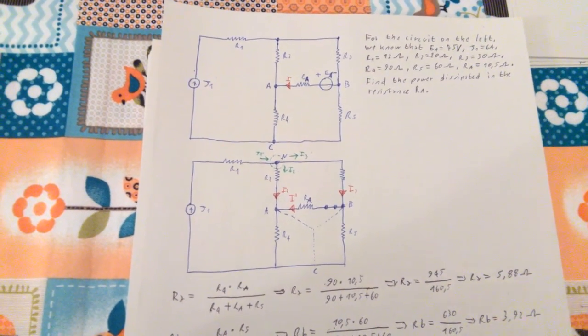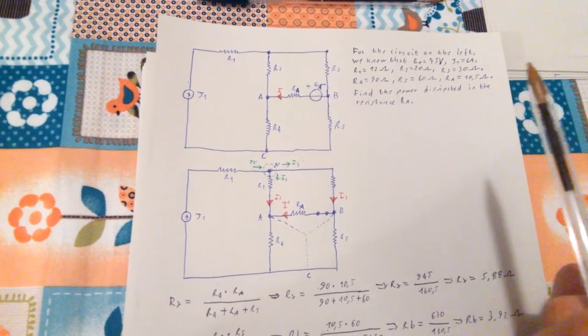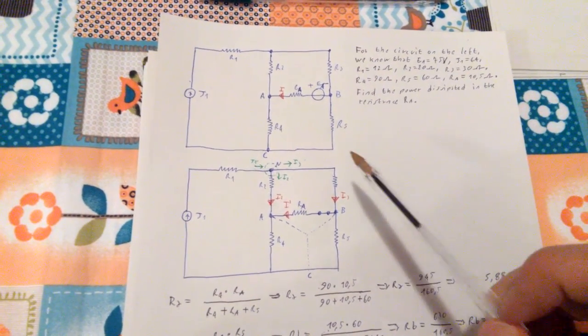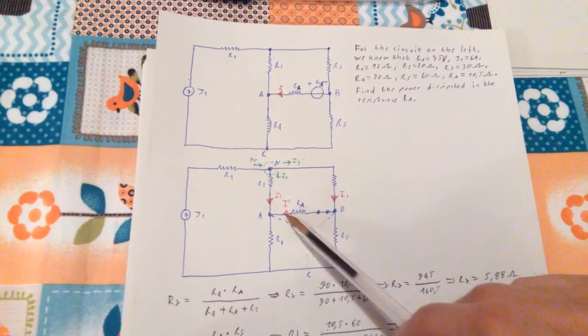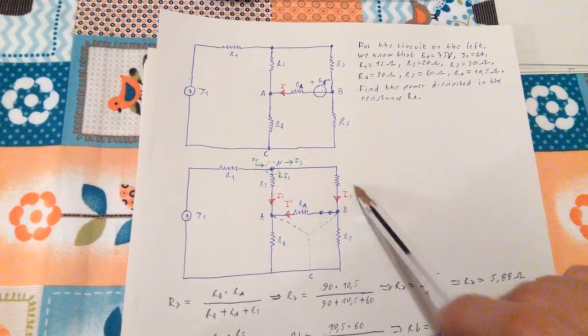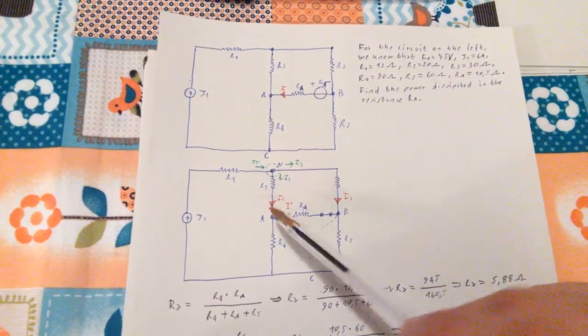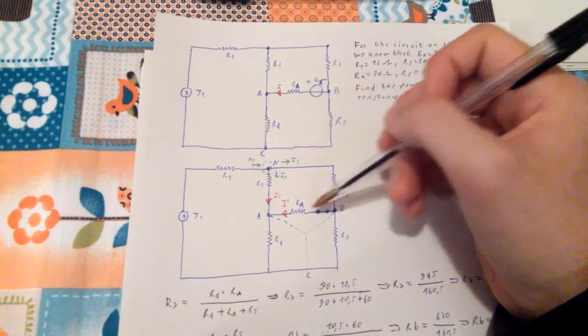So we can use the other Kirchhoff law, the Kirchhoff voltage law, for the loop NAB.